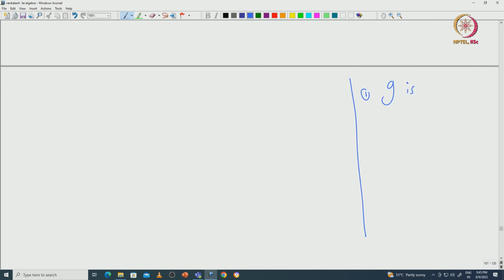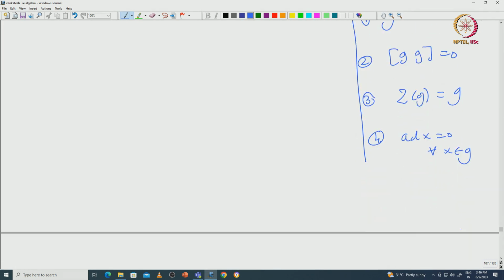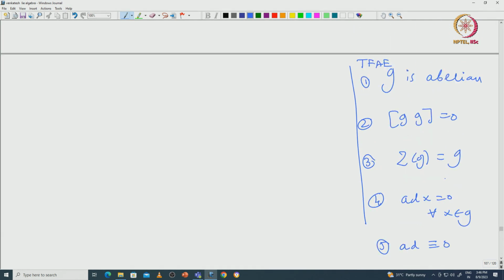G is abelian, so the following are equivalent: G is abelian, the derived algebra is 0, the center is full, and the fourth thing is the ad x map is 0 for all x in G. Similarly, you can also say the ad map is identically 0. So, these are all the characterizations of abelian.